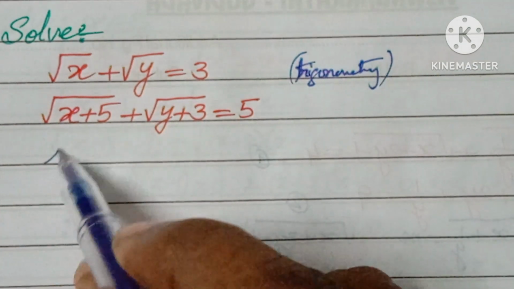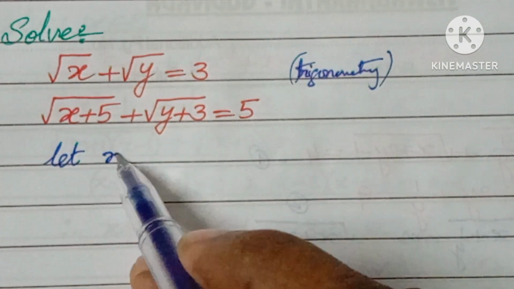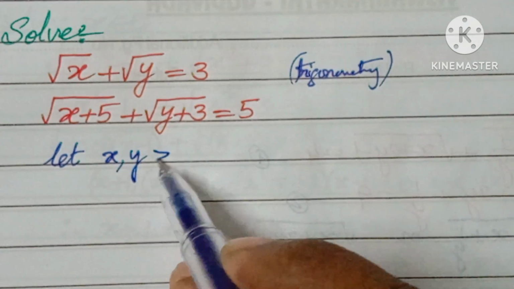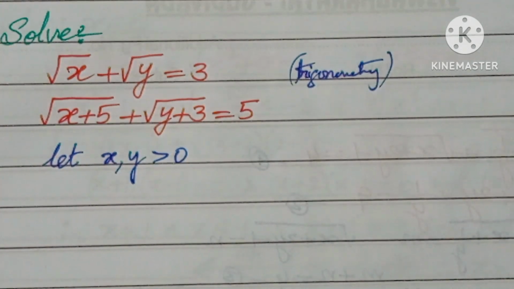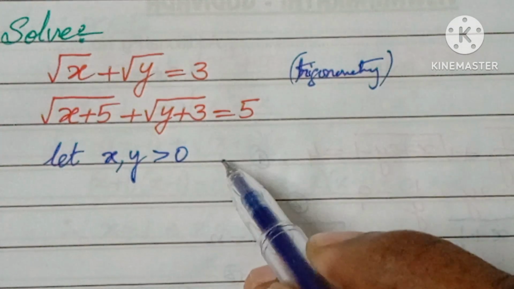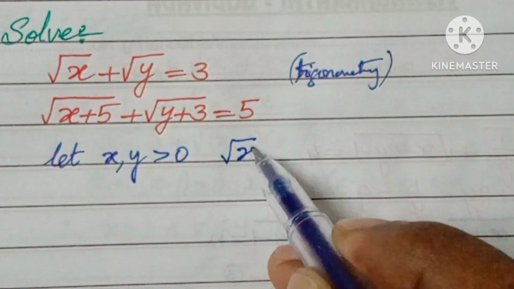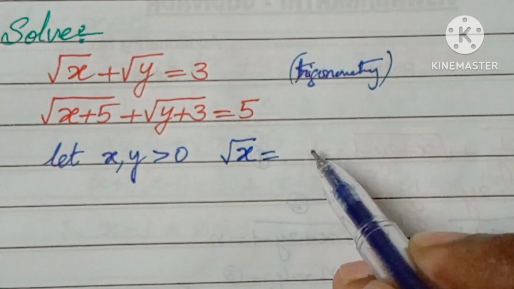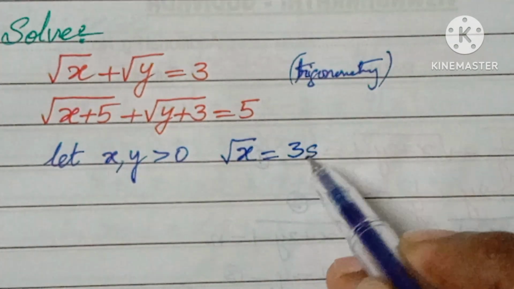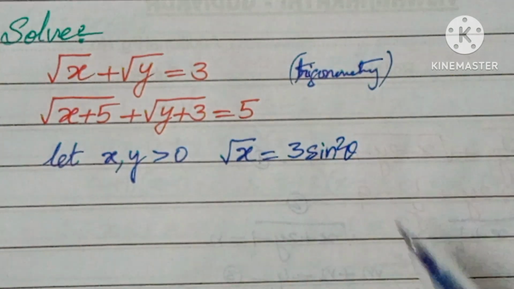So here, let us assume that x and y are greater than 0, and root x is equal to 3 sine square theta.